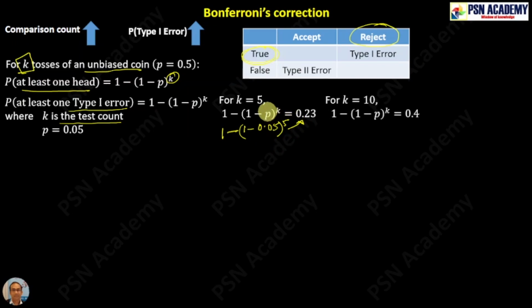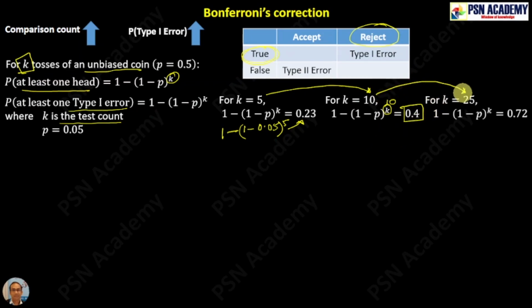Now you increase the value of k to 10, so from 5 it is going to 10, and you will get 0.4, right? You increase further, say from 10 it goes to 25, and you will get 0.72. That means you can clearly see that the probability of at least one type 1 error is going higher and higher as long as you are increasing the value of k, that means the number of tests.